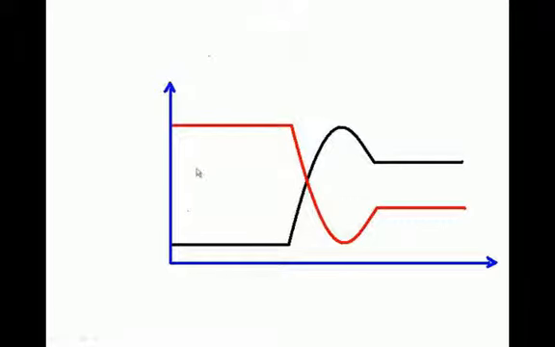Now, again, we're going to look at this one right here, and this black line is the potential energy. When potential energy increases, it takes kinetic energy, and kinetic energy is decreasing.